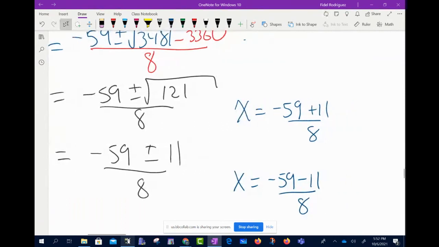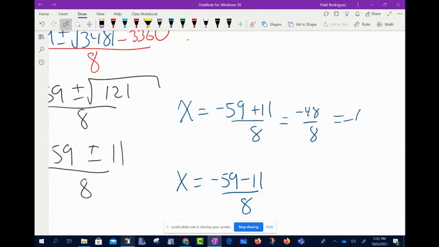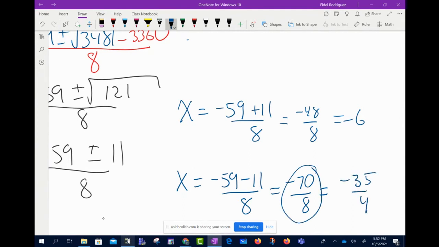This one gives me negative 48 over 8, that's negative 6. This one gives me negative 70 over 8. I need to reduce this fraction, so I can divide them both by 2. That's negative 35 over 4. So we came up with two answers, right?